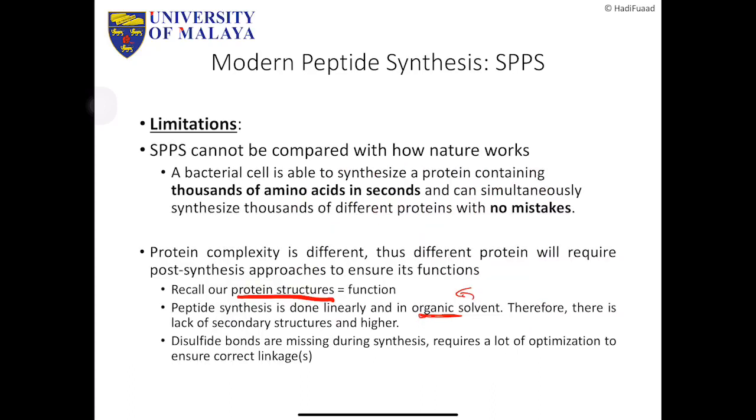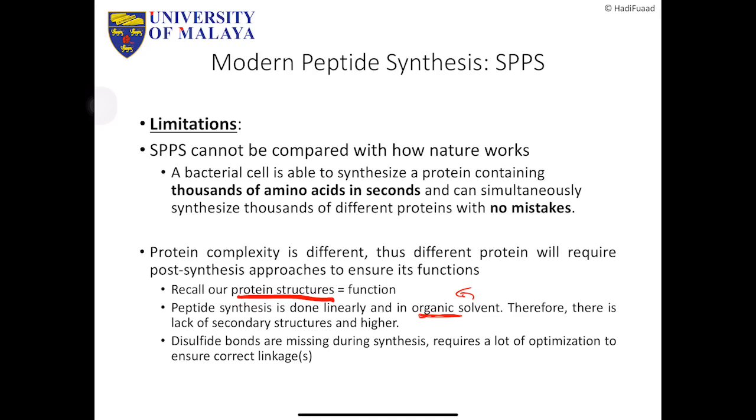Okay, for example, when we talk about insulin, insulin has 3 different disulfide bonds, and even though the amino acid sequence is very short, the disulfide bonds are very specific for each cysteine. So you can't simply just mix 2 of the insulin sequences and expect that you will get a fully functioning insulin.